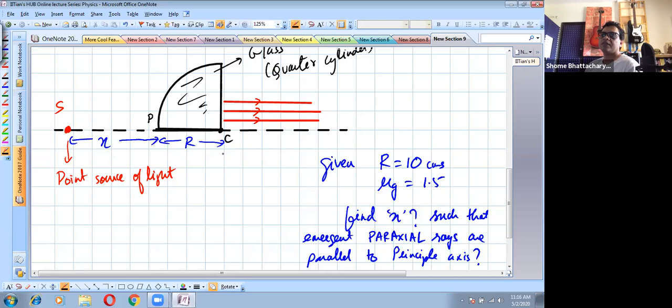It is suffering one refraction at a spherical surface, or in this case a cylindrical surface, for which the formula will be the same as the one we wrote above. And then it is suffering refraction again at a plane surface. After the second event, what is happening? The rays are emerging parallel to the principal axis. Yes, Uday, I think your answer is correct. After this, it is emerging parallel to the principal axis. That means the final image should be at infinity. Whenever the rays emerge parallel to the principal axis, the final image that you're getting should be at infinity.